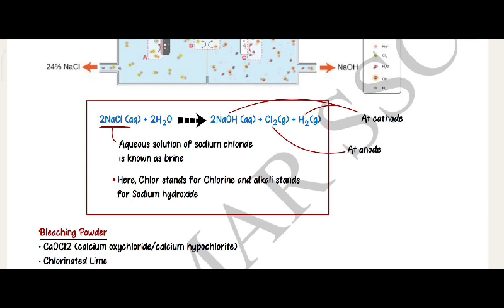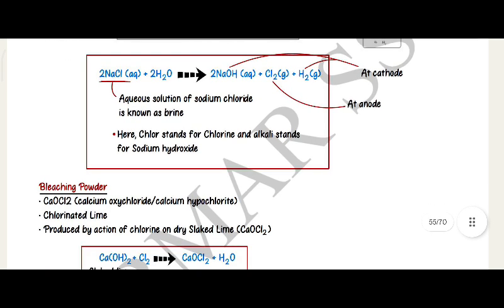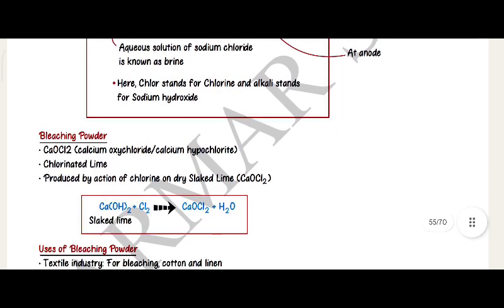Aqueous solution of sodium chloride is known as brine. Sodium hydroxide and hydrogen form at the cathode, and Cl2 at the anode. Here, chlor stands for chlorine and alkali stands for sodium hydroxide.